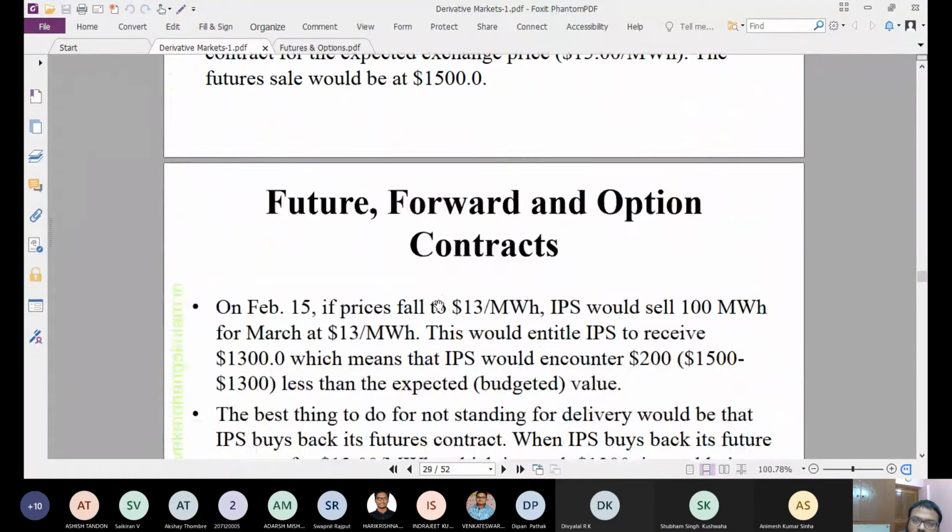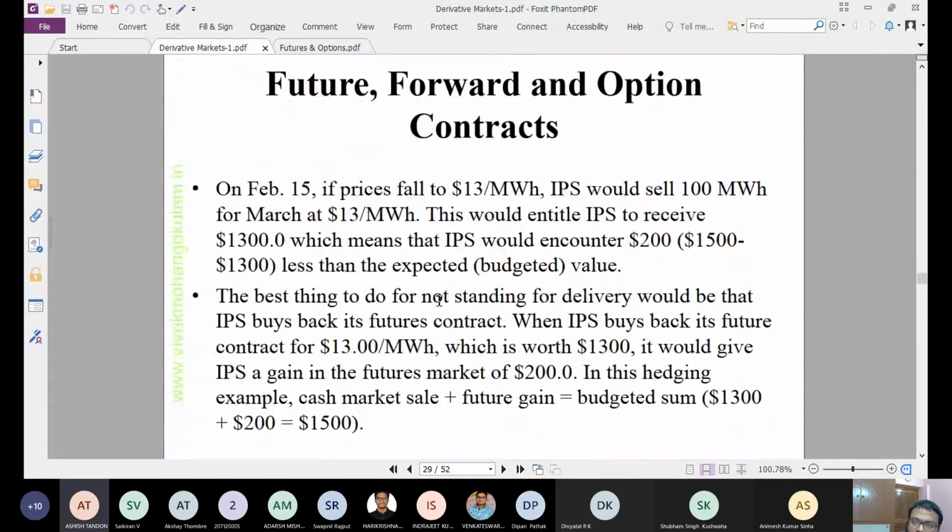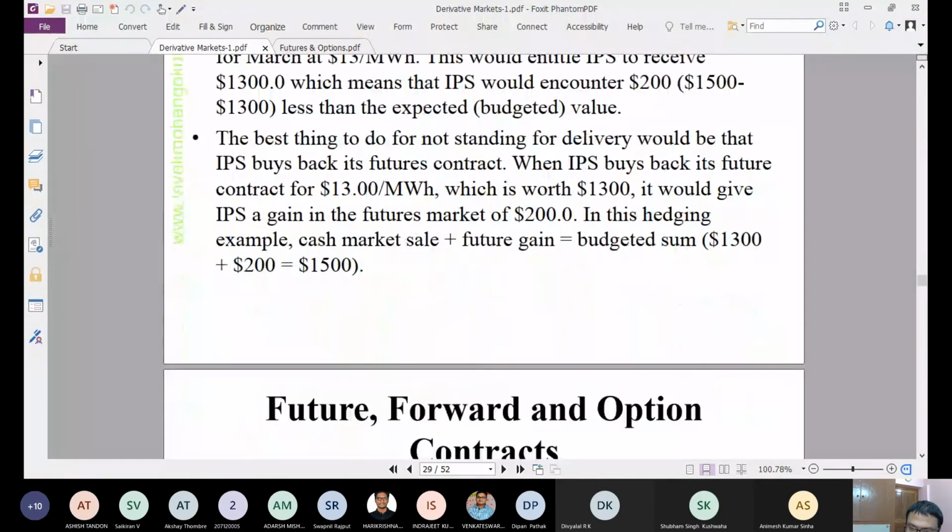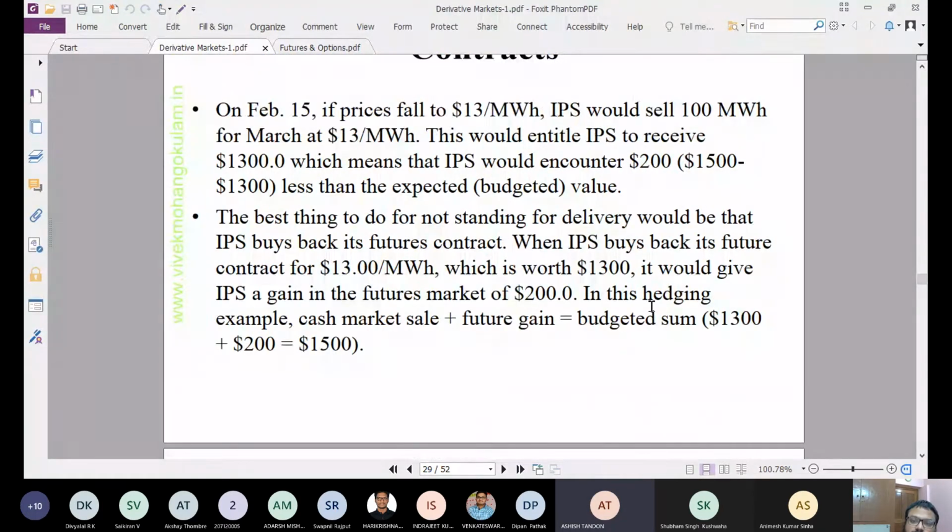Okay, now, Sir? One more. Yeah, anything? Yes, sir. In this example, let's suppose I bought some company's future at, let's suppose, 13 rupees.